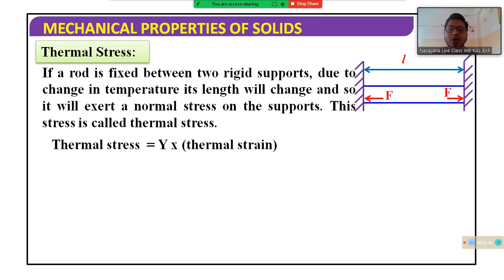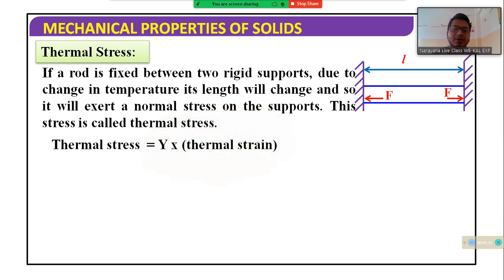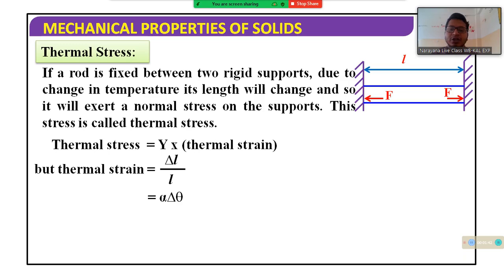Thermal stress equals Y into thermal strain, where Y equals stress by strain, but the normal strain is delta L by L, and it will be alpha into delta theta. What is the value of alpha?